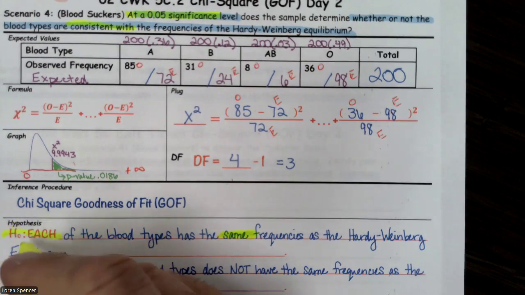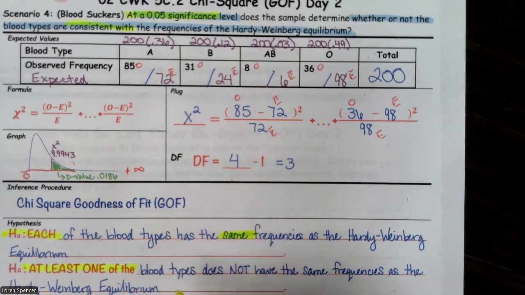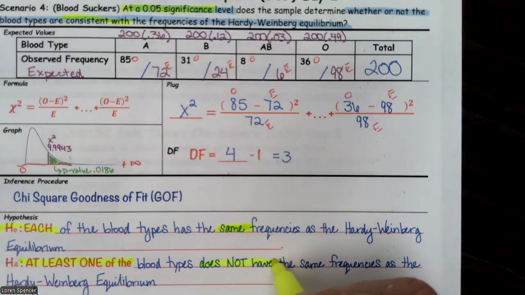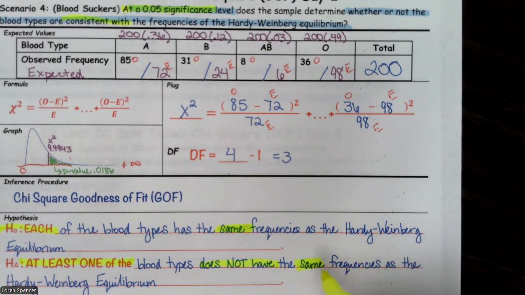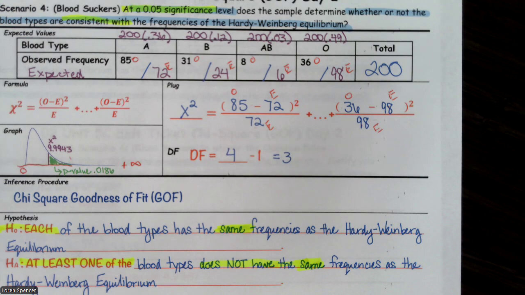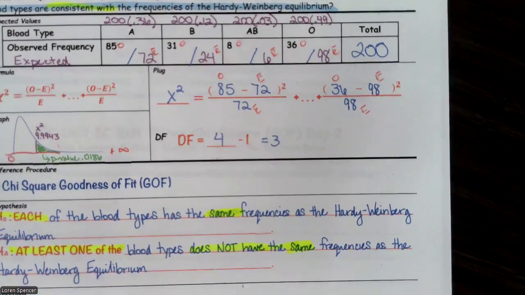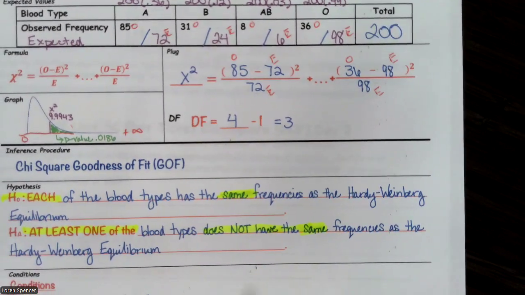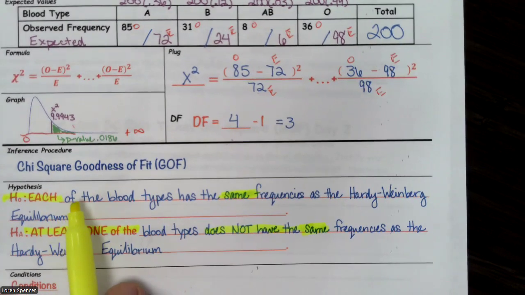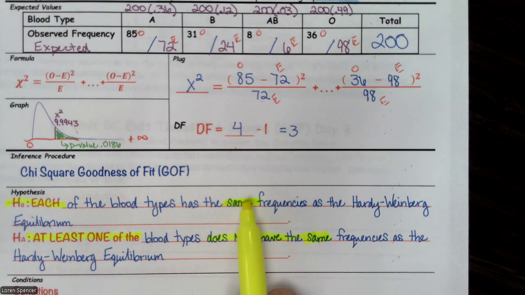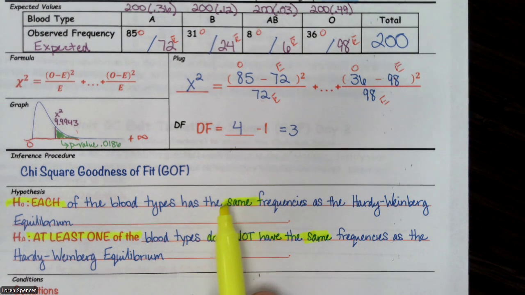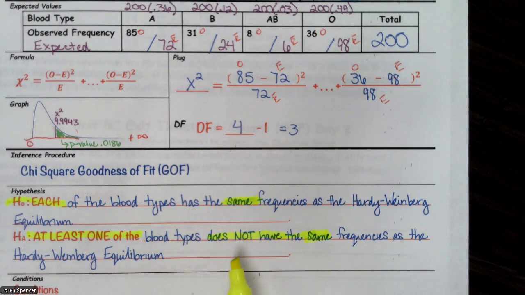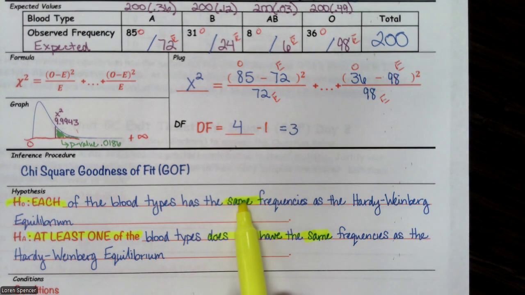The alternative will always start off with at least one of the blood types does not have the same frequencies as the Hardy-Weinberg equilibrium. Right? You're going to see each time we do one of these goodness of fit, each has the same or is the same or are the same or is not the same. So the null will always be the same. The alternative will be not the same.